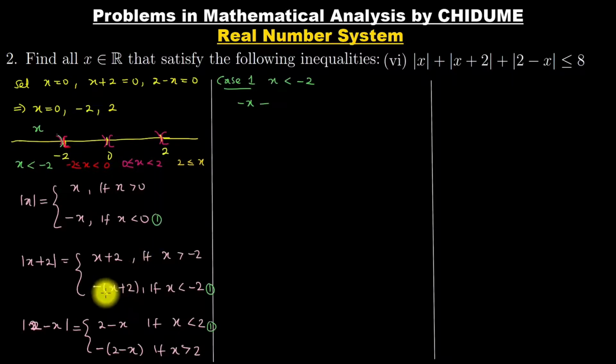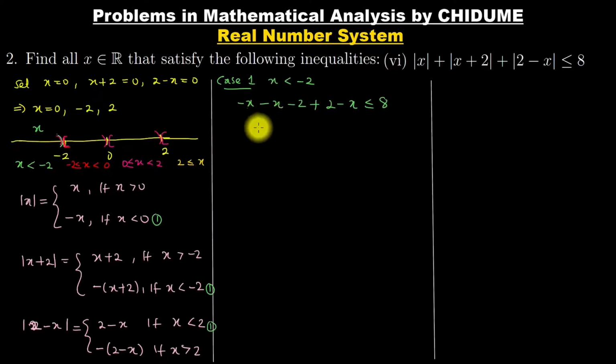If I expand this, I'm going to have negative x negative 2. Negative times x will give us negative x, then negative times plus 2 will give us negative 2, then plus. So if x is less than 2, that means I'm going to have plus 2 minus x to be less than or equal to 8.